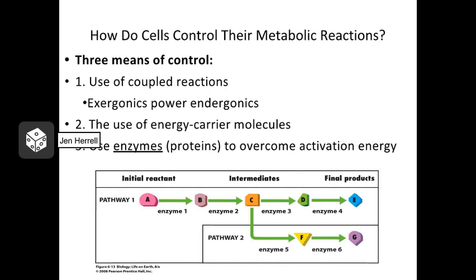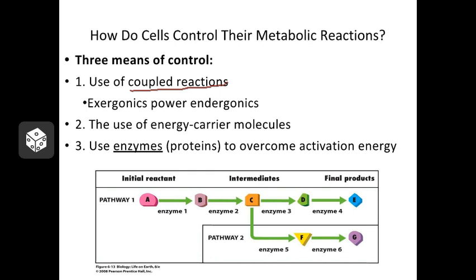How in the world do cells control these hundreds and thousands of reactions that are trying to go on simultaneously inside? Well, cells have three major means of controlling their metabolic pathways. First, they can control the flow of energy from one reaction to another by coupling them.